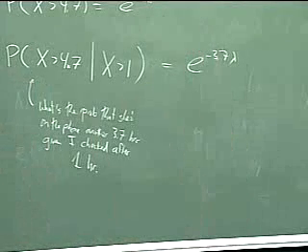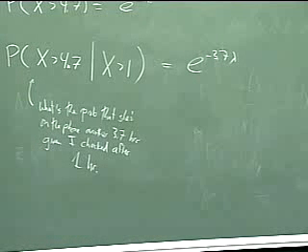Okay? As soon as I check and I see she's still on the phone, it's as if she just picked up the phone. The probability she's on for another 3.7 hours is the same as when she first picked up the phone. Right? So every time you check on the experiment, it's like it resets. Kind of counterintuitive, right?